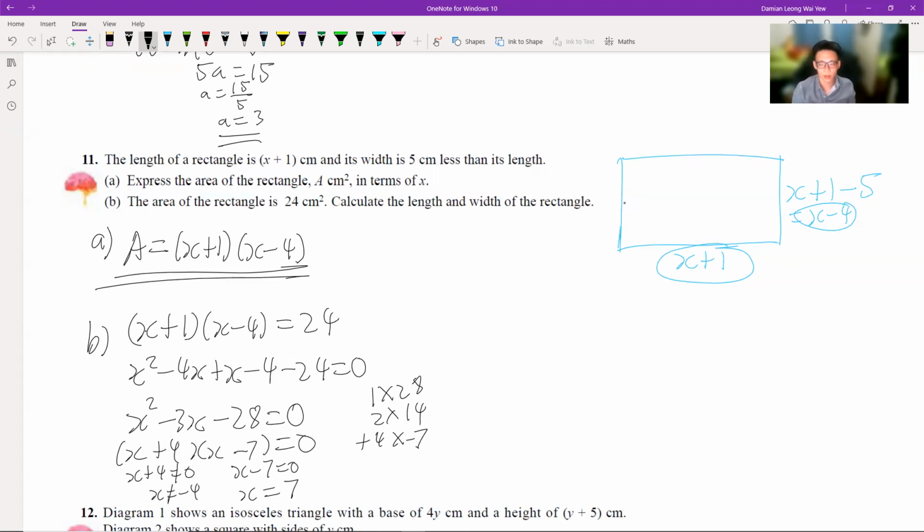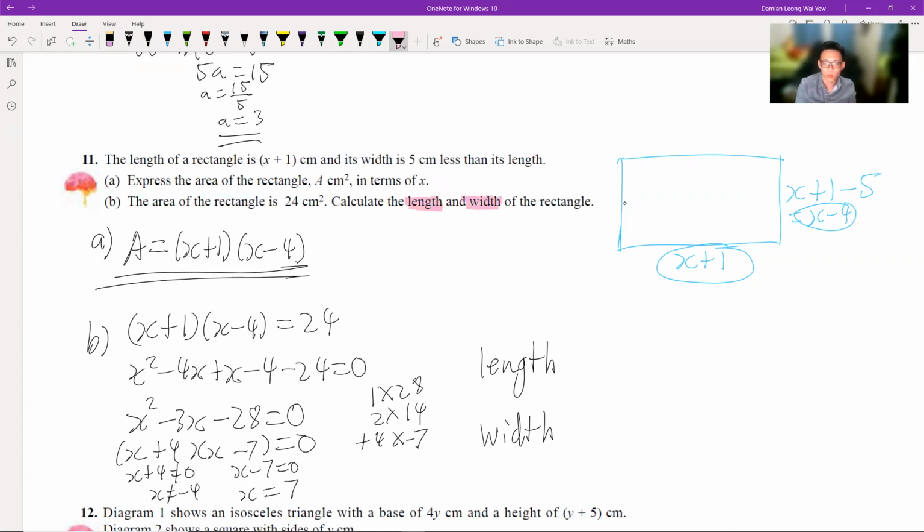All right. So I only can take x equals 7. Make sure you pay attention to what the question is asking, length and width, not the x value.